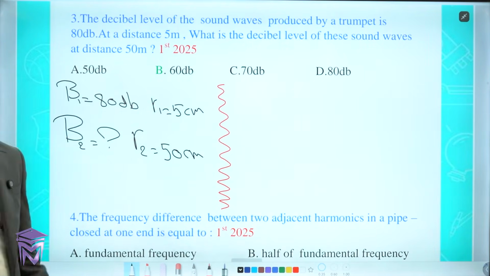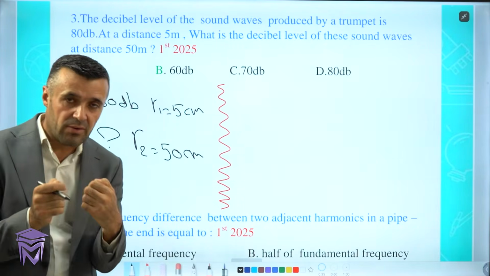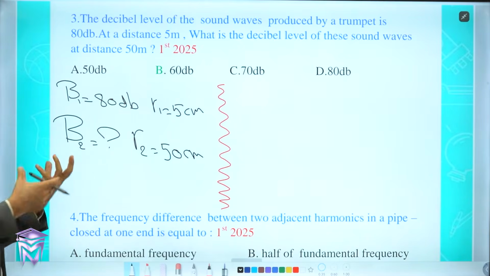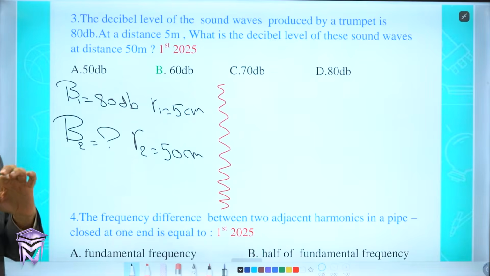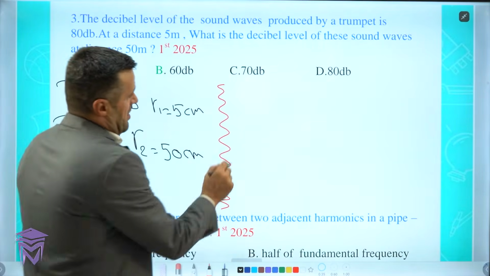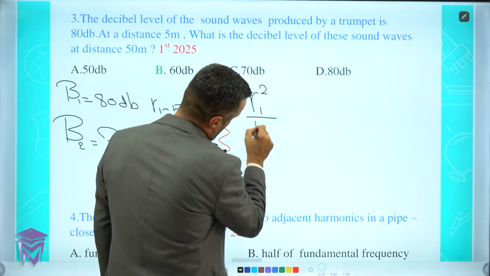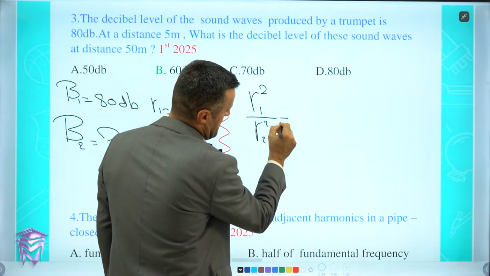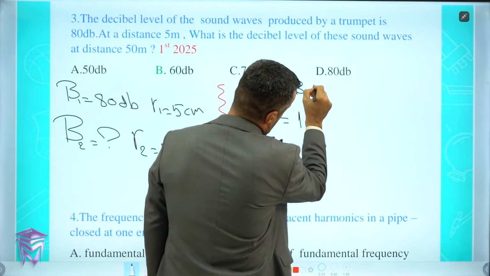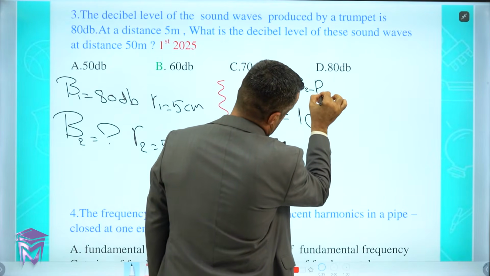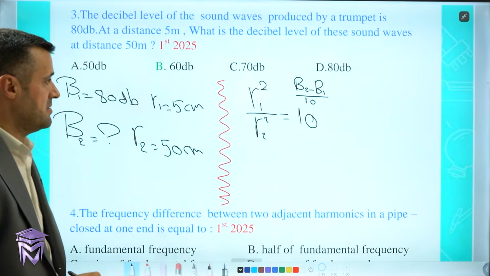This question can be solved in two different ways, but now I will solve it for you in an excellent, shortest way. Please join me. R1 squared over R2 squared equals 10 power (B2 minus B1) over 10, where 10 is constant.